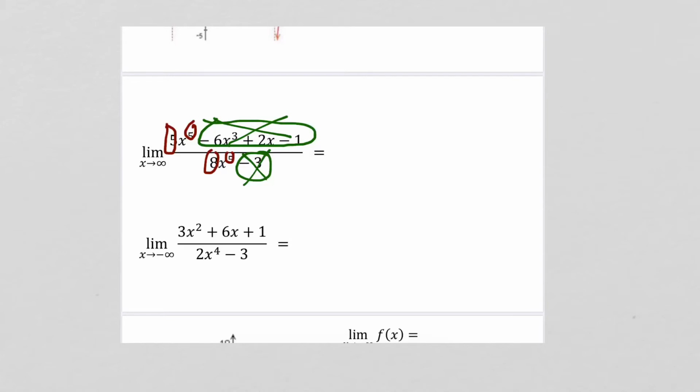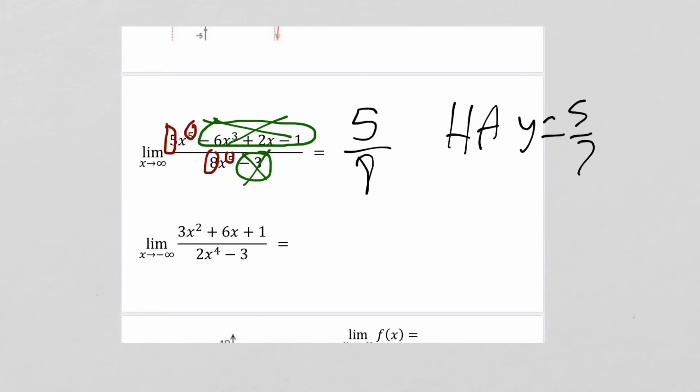So then at infinity, all that's going to be left is these leading terms, and then that's going to leave us with an output of 5/8, because there is an HA at y equals 5/8. And that's what's happening at infinity. At infinity, we approach the HA.